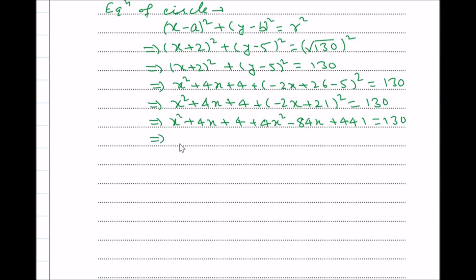Let us write now. What do we get? If we simplify this, we get 5x square, combining the like terms, minus 80x plus 445 equal to 130.